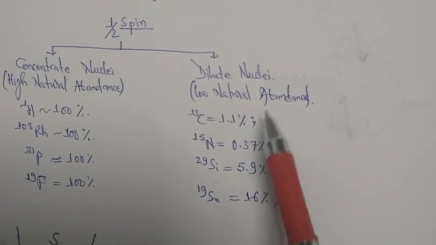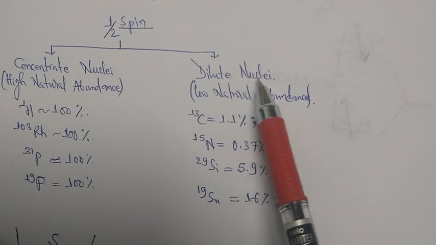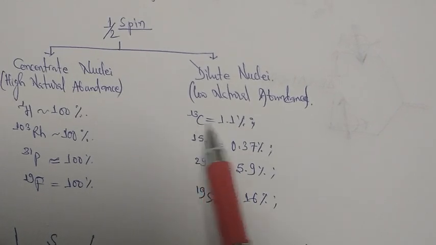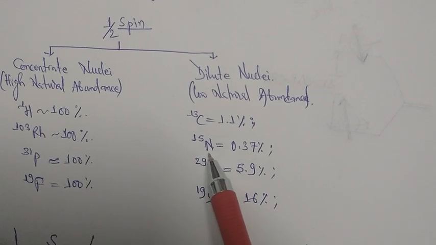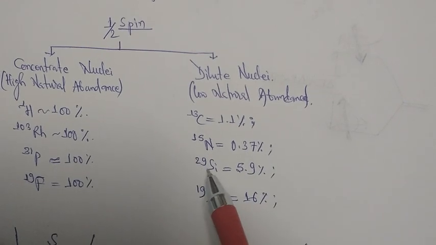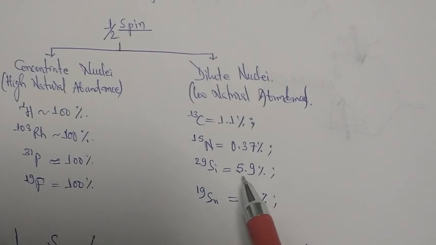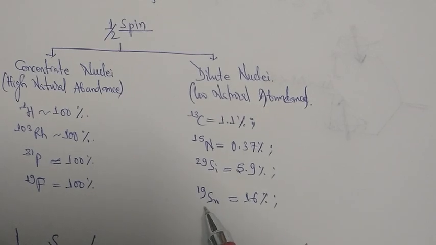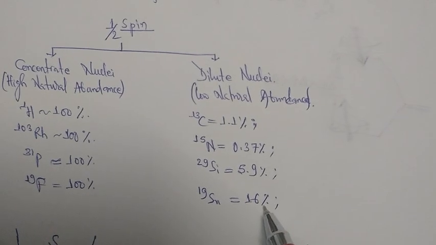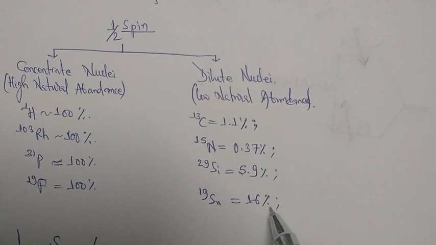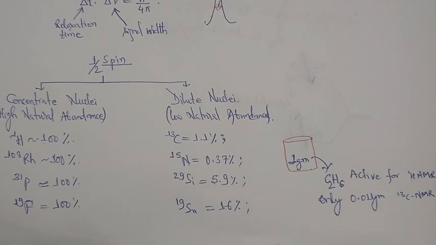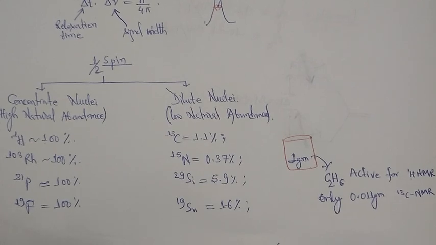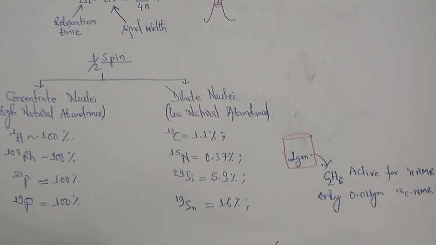And if we come to the dilute nuclei, 13C 1.1%, 15N 0.37%, 29Si 5.9%, 119Sn 1.16%. Now to understand half spin concentrated and dilute nuclei, I have taken one example.